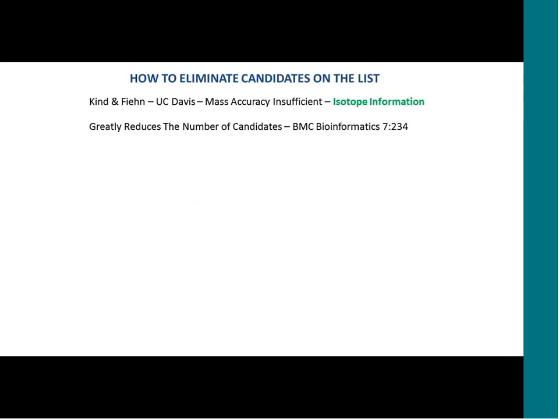So further work by Kind and Fiehn at UC Davis, again, they state, no, mass accuracy is insufficient. You want to use isotope information. And in their article in BMC Bioinformatics, they showed that it greatly reduces the number of candidates on a list. So, for instance, just considering the ratio of what we call the A+1 and the A+2 peaks, again, those would be from elements with 1 and 2 more neutrons, respectively, you can get a 95% reduction in the candidate list.